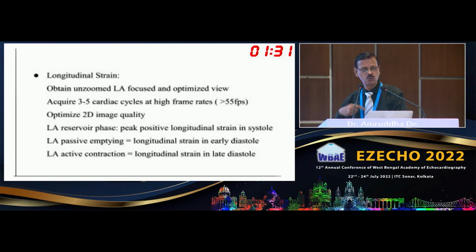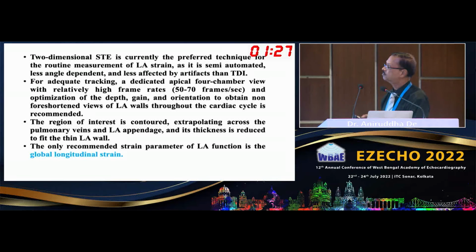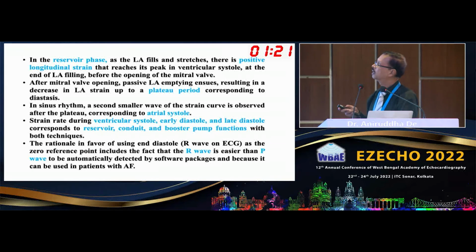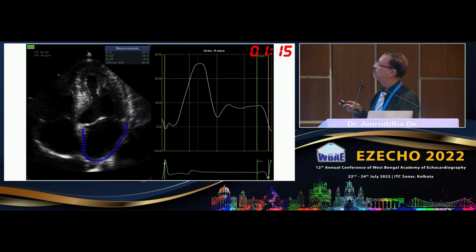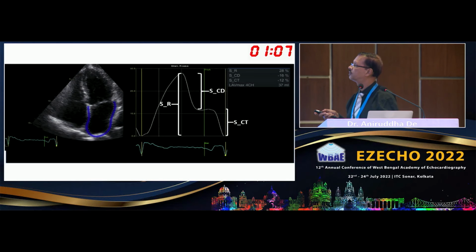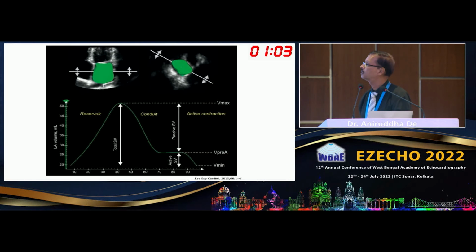So if I do it, the longitudinal strain of the LA, see, the only important one is the longitudinal strain, and if you do it, then there is the reservoir strain, the conduit strain I told you about, and the contractile strain. So this is the peak reservoir strain, the peak systolic strain, then the conduit strain, and again this is the contractile strain. See, this is the reservoir strain, conduit strain, and this is the contractile strain.